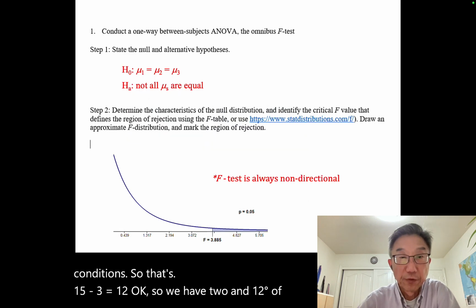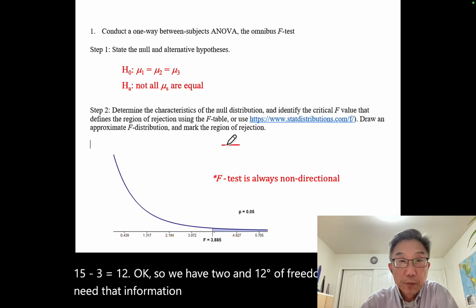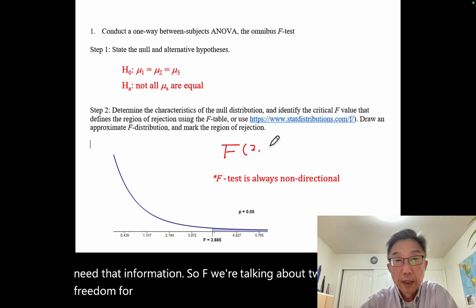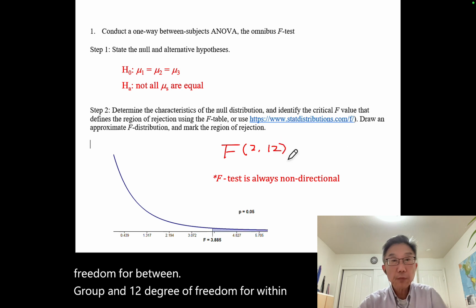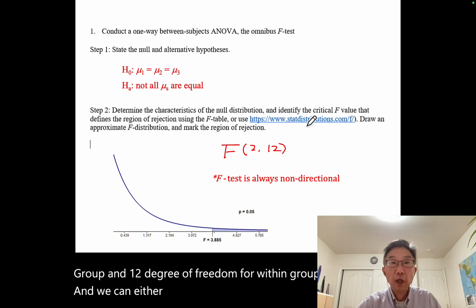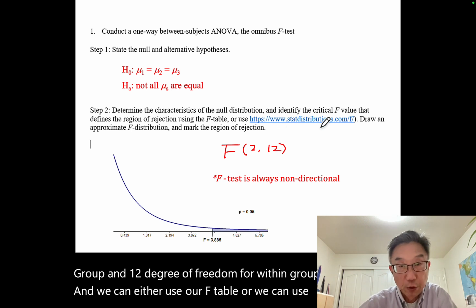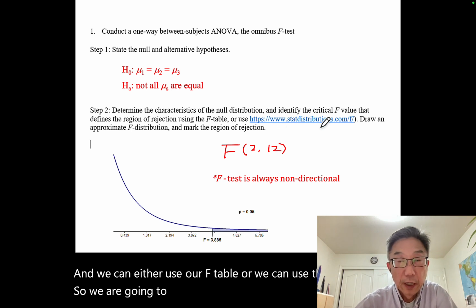We need that information. So for F, we're talking about 2 degrees of freedom for between group and 12 degrees of freedom for within group. We can either use our F table or we can use the distribution. So we are going to use the distribution.